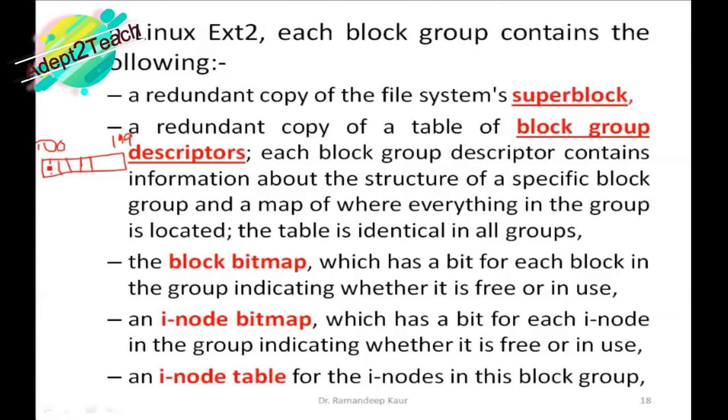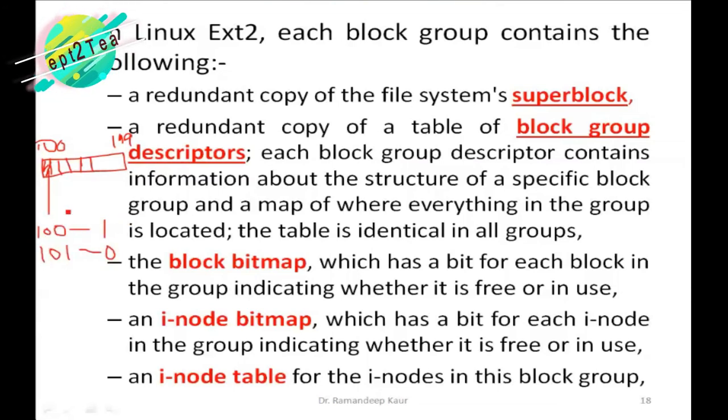Whether a block is storing information or not, that is what the bitmap stores. If at the 100th location the data is stored, the bit stored is 1. At 101 location, it's empty, so the bit stored is 0.